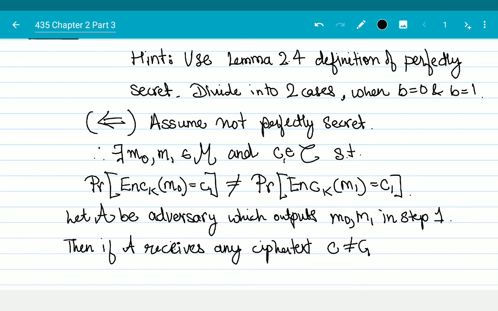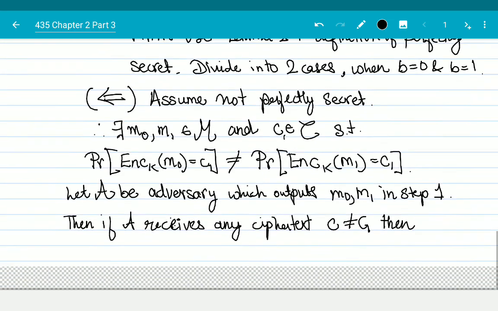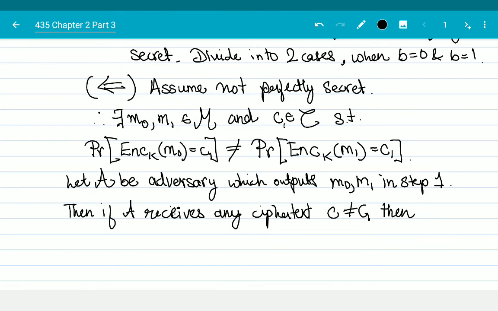then A decides randomly. A outputs a random bit b prime.